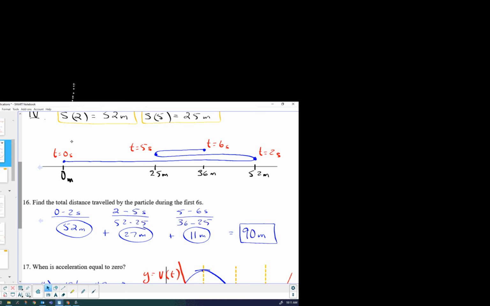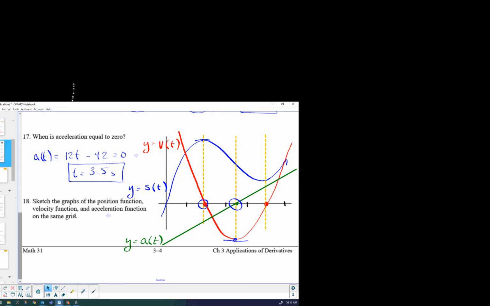Now, with that information, let's look at this graph and think about the red parabola, that's velocity. The green line, that's acceleration. How do we know when they're in the same direction? Velocity and acceleration. How do we tell direction when we have a point moving on a line?